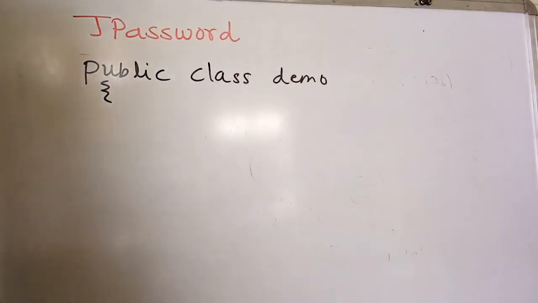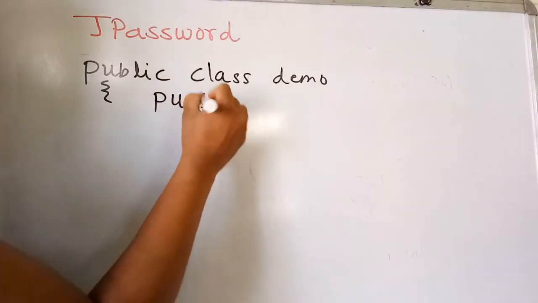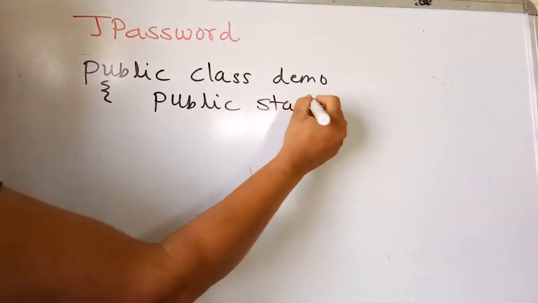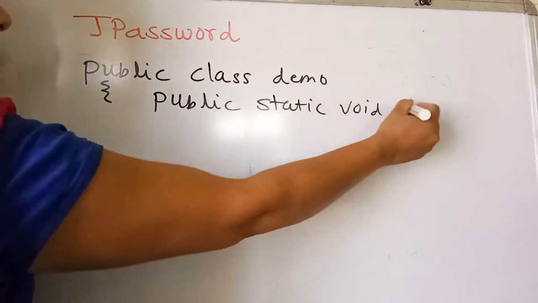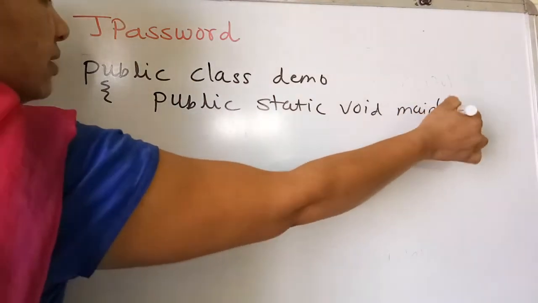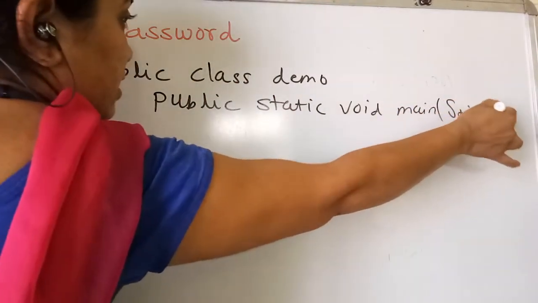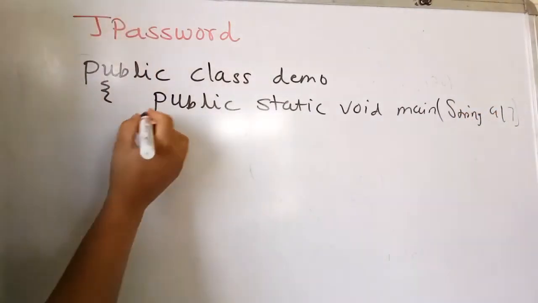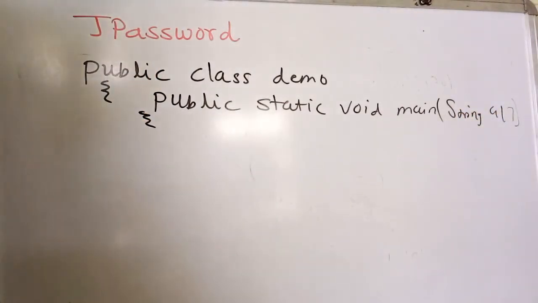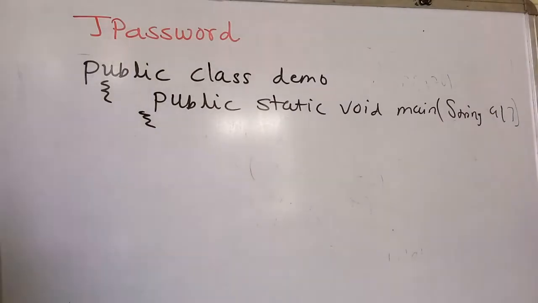We have to create one main method, that is public static void main, in brackets String a. Now we will create one frame, take one panel, meaning we have to create one login window. For that we are using the password field.